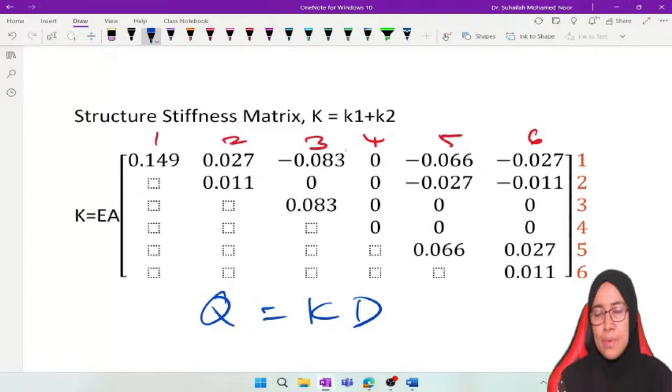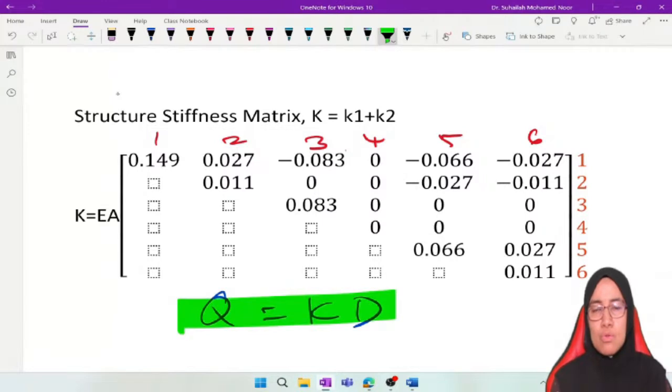After that, I will show how we can calculate the member forces in the truss. So to complete one truss question, we have to calculate unknown displacement, unknown reaction, and member forces.